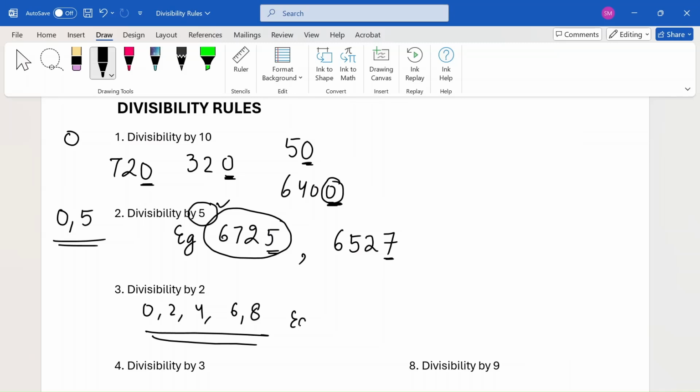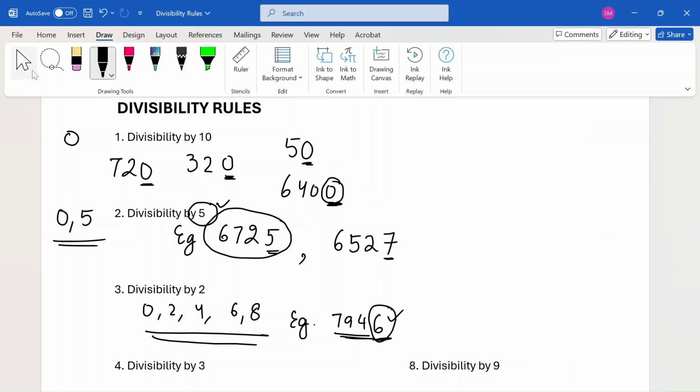Let's take an example: 7946. Although we do not care about what the other digits are, we just have to check if the number is ending with an even number. It is ending with an even number. 6 is an even number. So, this number is divisible by 2.